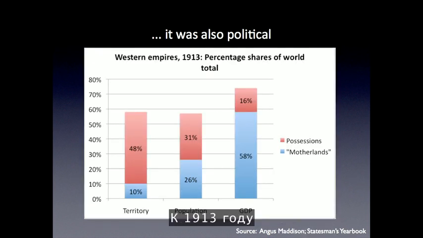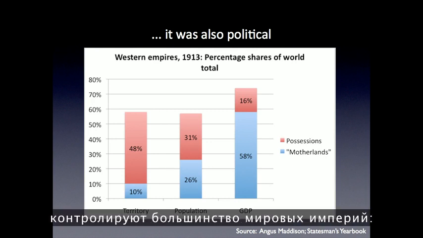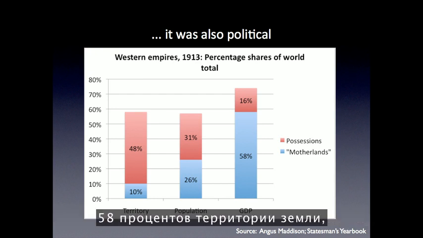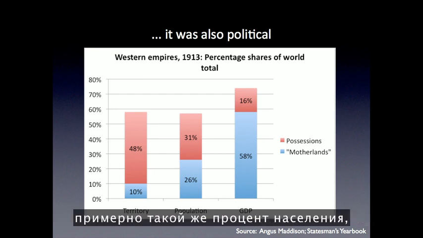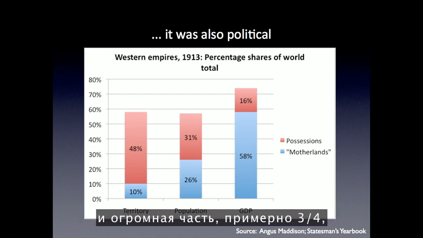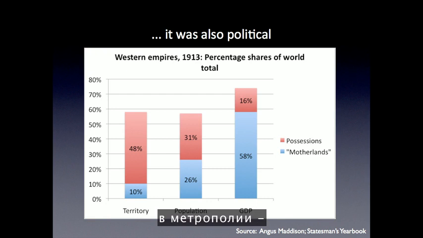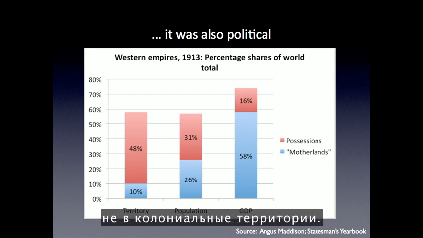By 1913, these 10 countries plus the United States controlled vast global empires. 58% of the world's territory, about the same percentage of its population, and a really huge, nearly 3/4 share of global economic output. And notice, most of that went to the motherlands, to the imperial metropoles, not to their colonial possessions.